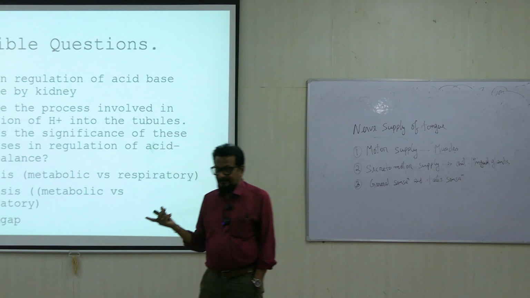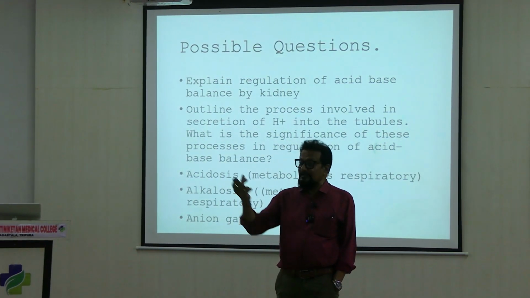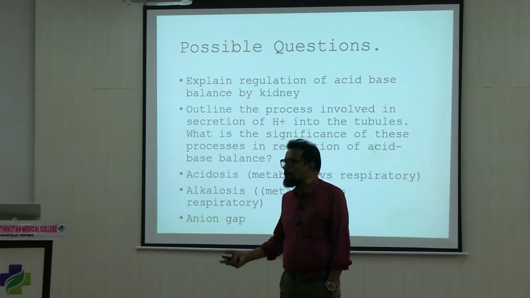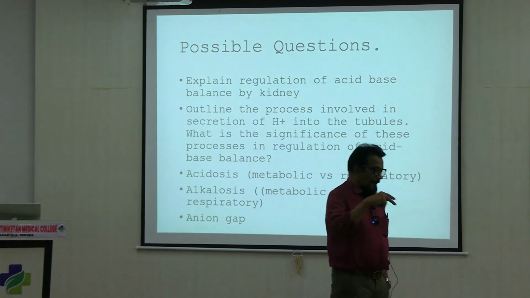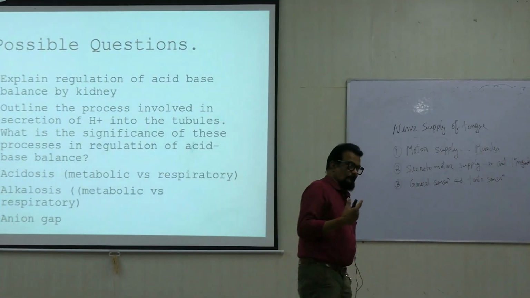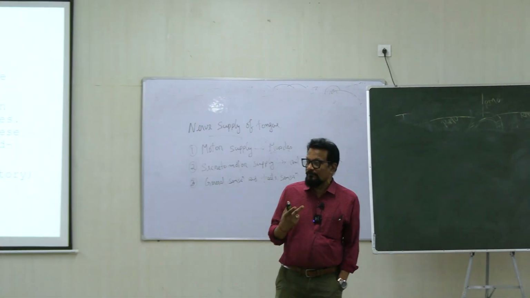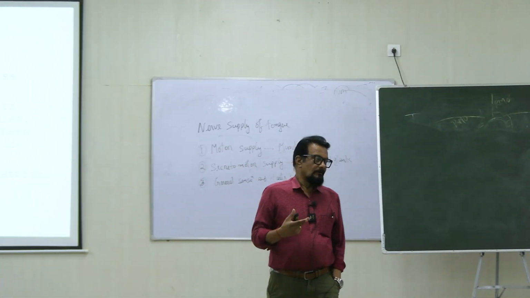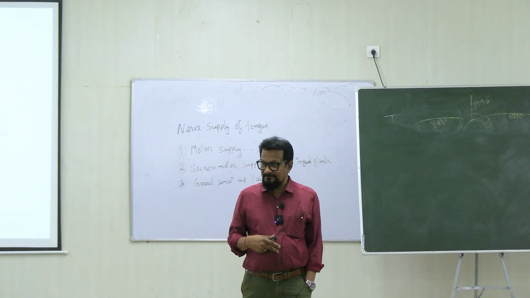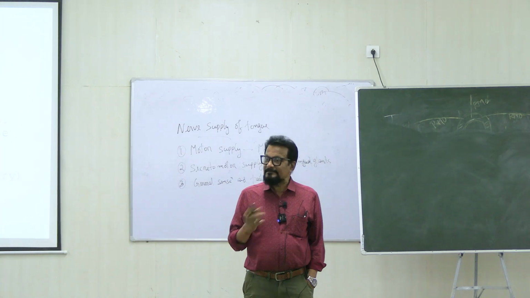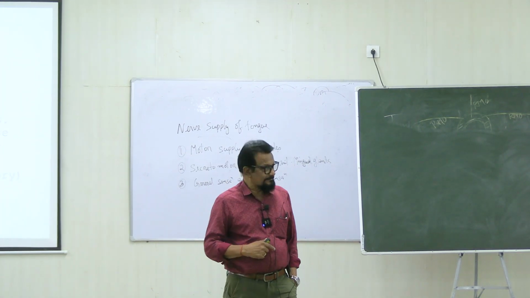And the opposite is who can accept this proton, accept these hydrogen ions, they are called base. So as I said, during our metabolism, we are producing lot of hydrogen ions, lot of acids. These are, as I said, volatile acids and non-volatile acids.